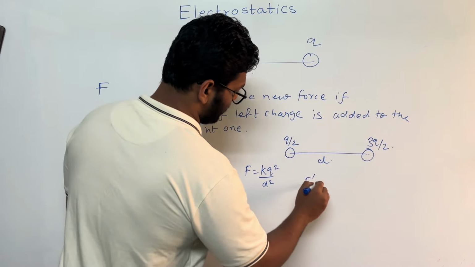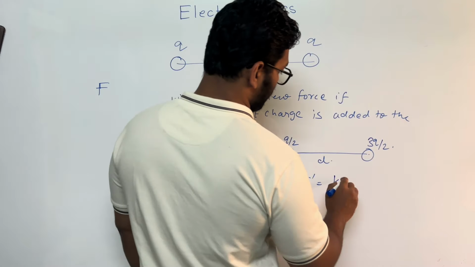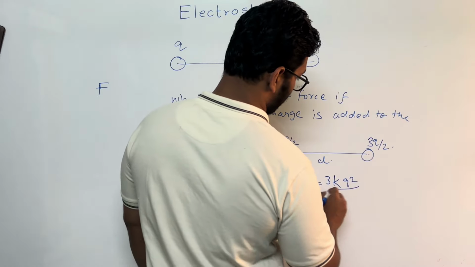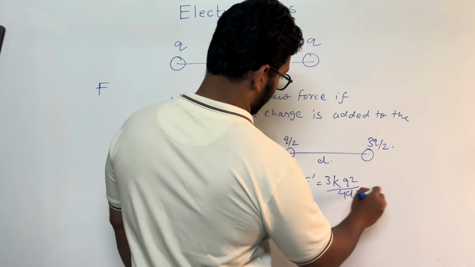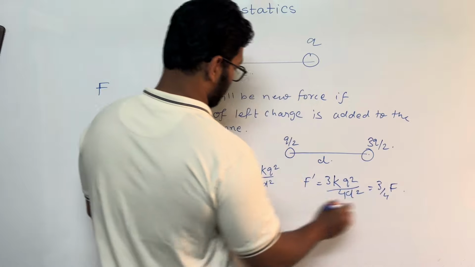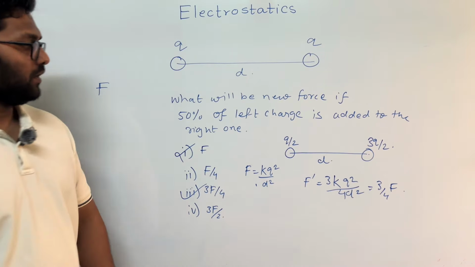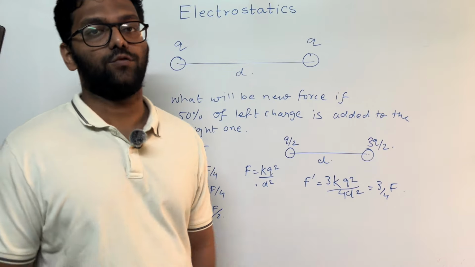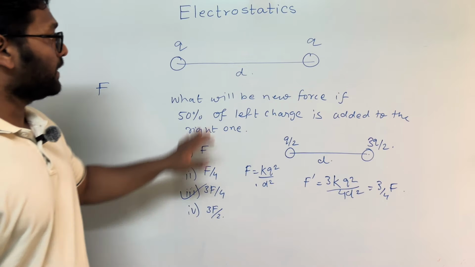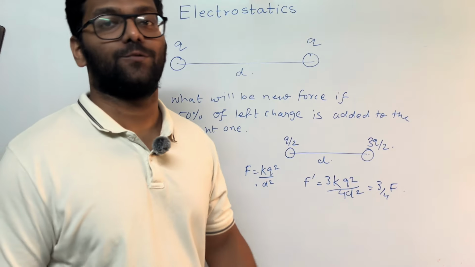Now the new force, let's call it F dash, is K times Q by 2 into 3Q by 2, which is 3Q square by 4 d square. So this is 3 by 4 F. So 3 by 4 F will be the correct option. The force will be reduced. It doesn't depend upon the total charge. It depends upon the multiplication of the two charges.